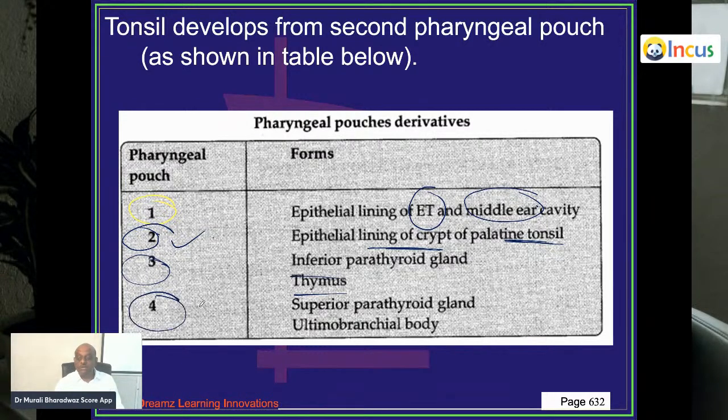From the fourth, superior parathyroid gland and ultimobranchial body, which leads to production of calcitonin. What is the paradox? I told you, third is superior, fourth is inferior, reverse to their English meaning. Will you remember?